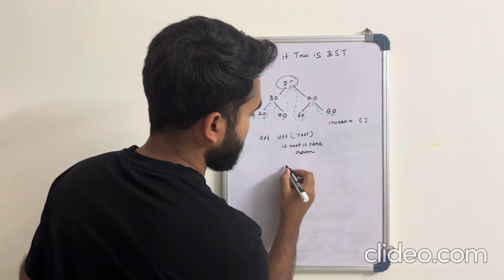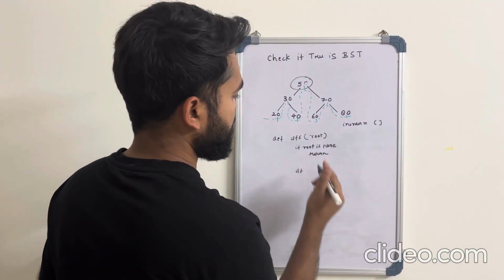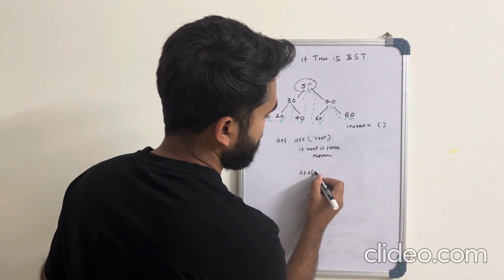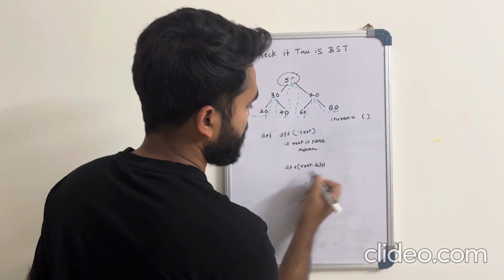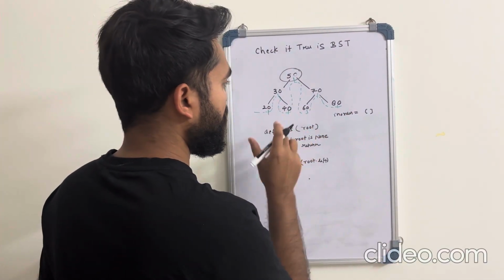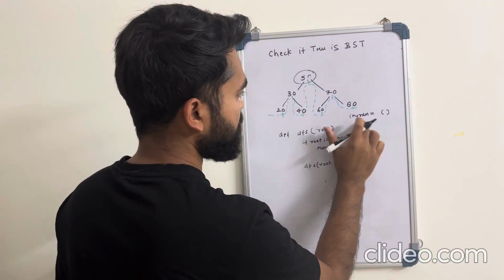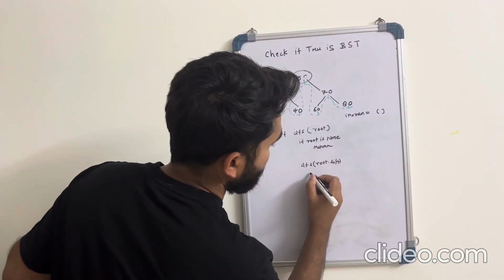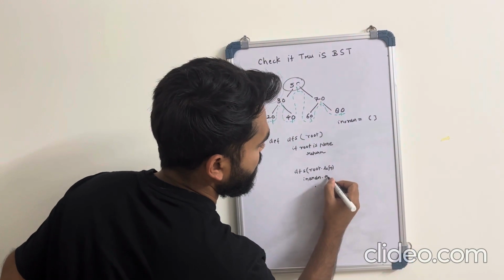So we do the recursive call to the left, then store the current value inside this array, in-order array dot append.